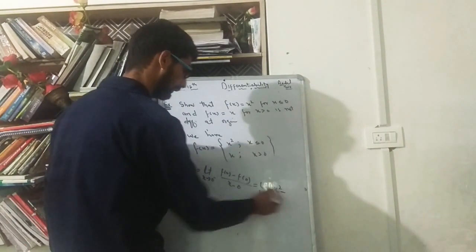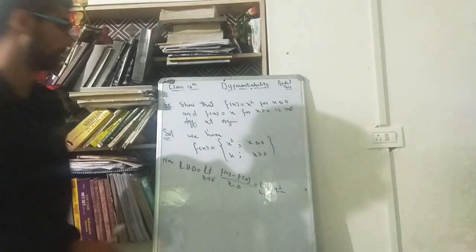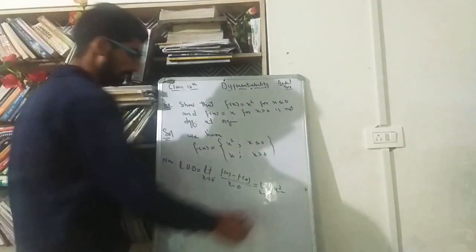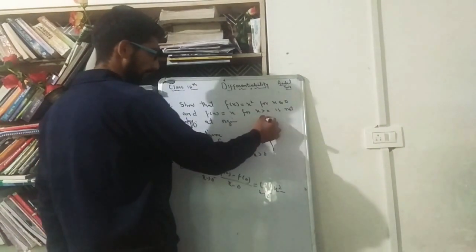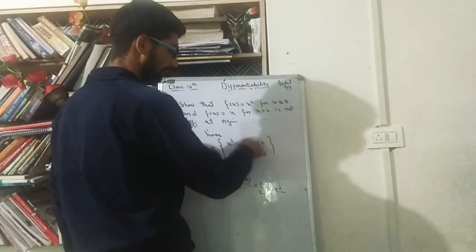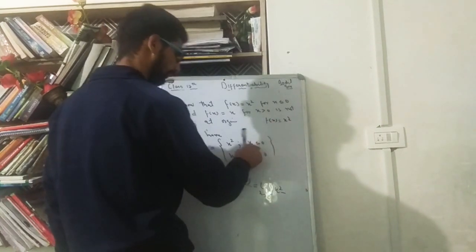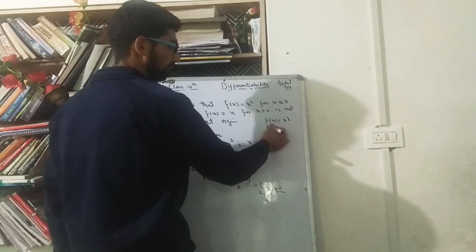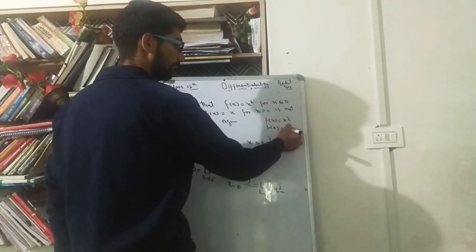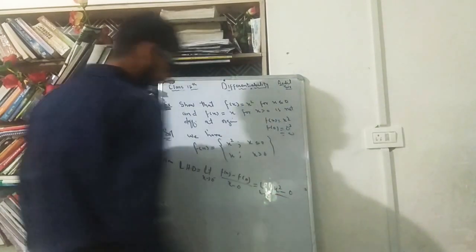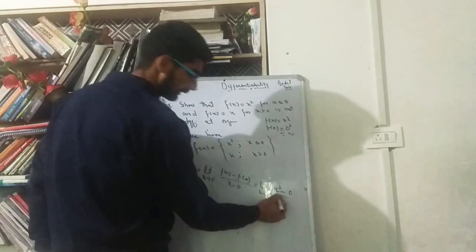minus f of 0. When x is equal to 0, f of x is x square, but we put the value of x as 0, so f of 0 is 0 square, that is 0. So it is 0 divided by x minus 0, that is x.